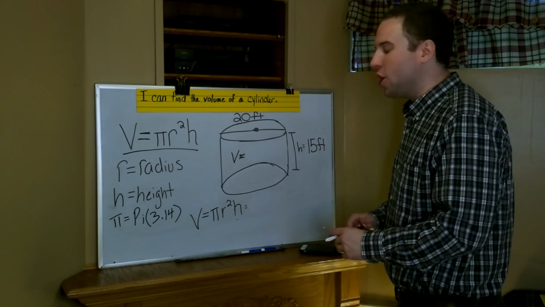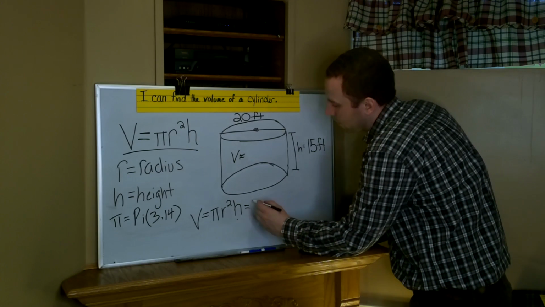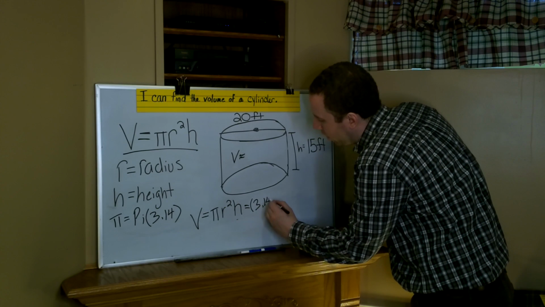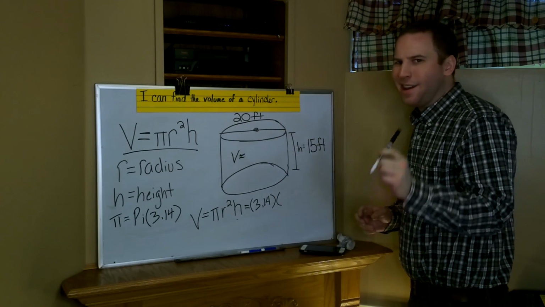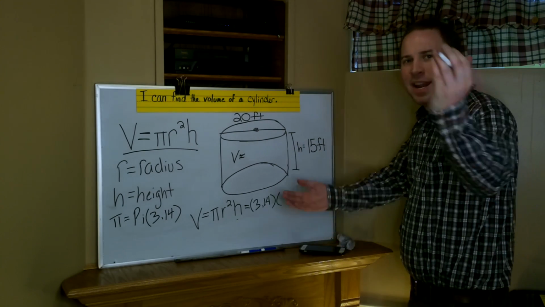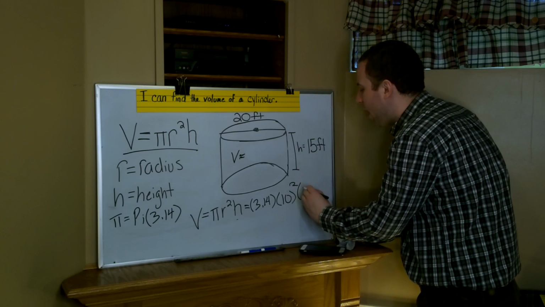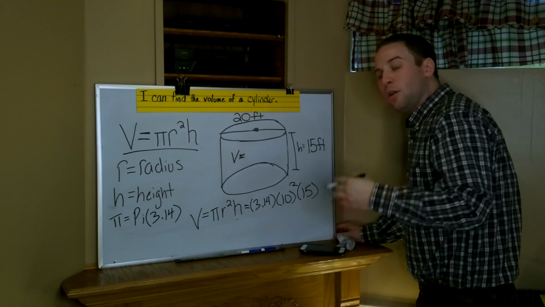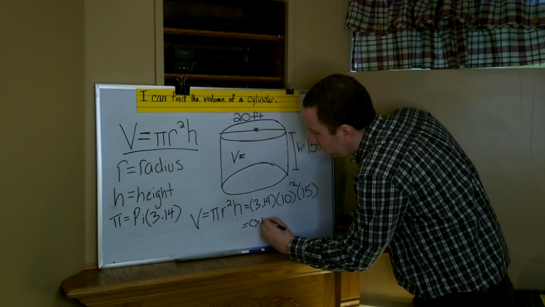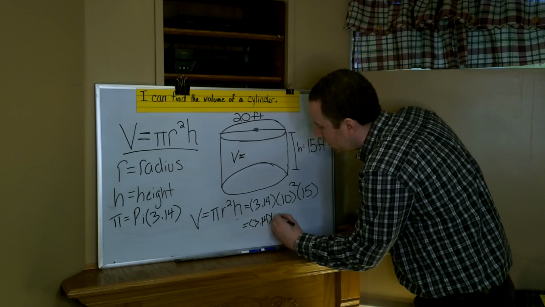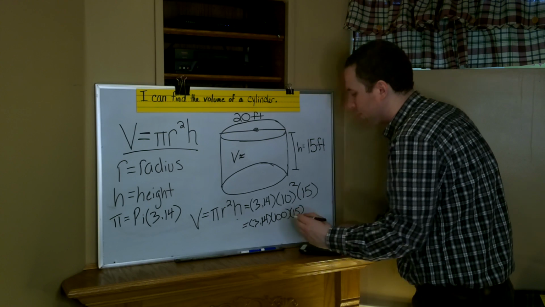Okay, let's go ahead and solve it, shall we? So once again, V equals pi r squared times height. Pi is 3.14 times, so again, we're dealing with a diameter instead. I tricked you guys. We have to cut 20 in half, making it 10, so 10 squared, times the height, which is 15. Very good. So 10 squared, let's get that out of the way first, would be 3.14 times 10. 10 times 10 is 100, times 15.